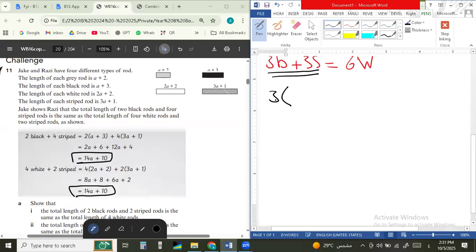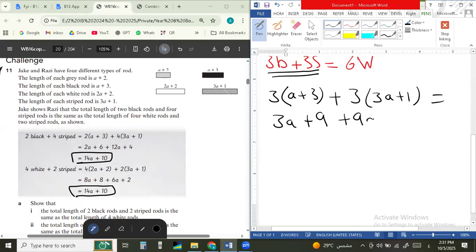It means 3 times A plus 3 plus 3 striped is 3 times 3A plus 1 equals, expand, 3A plus 9 plus 3 times 3A is 9A plus 3 equals 3A plus 9A is 12A.